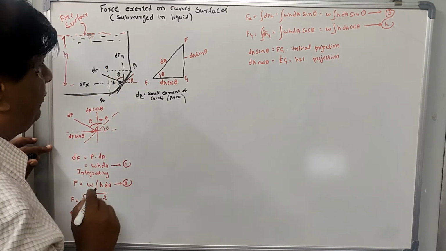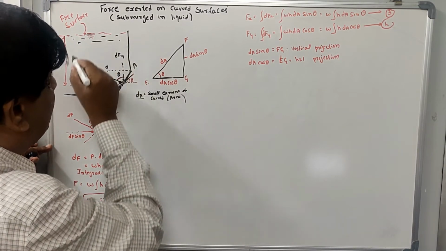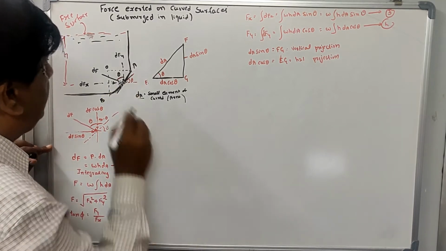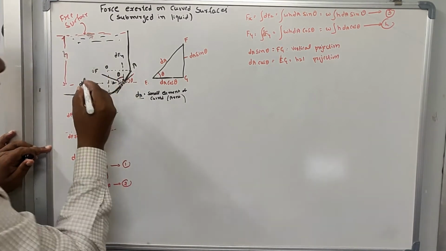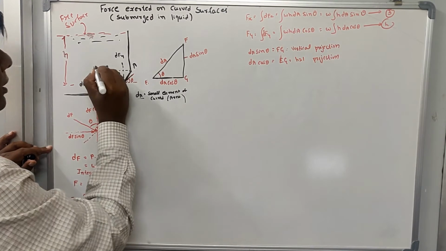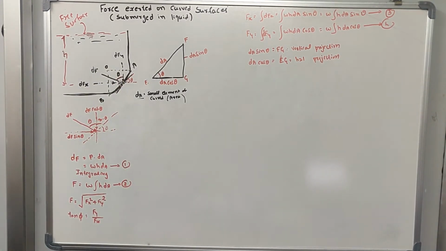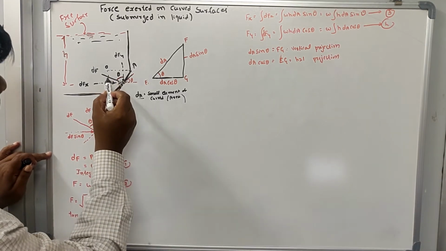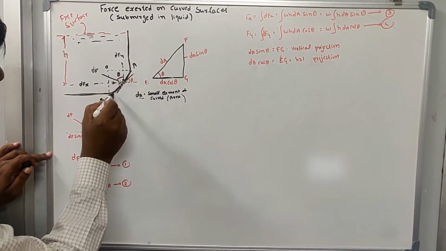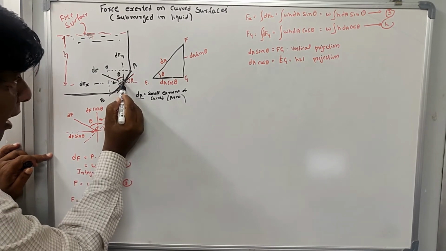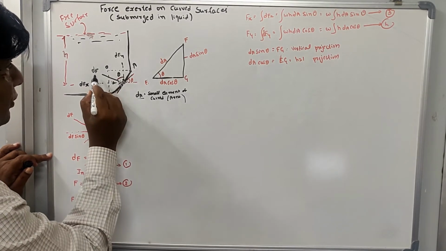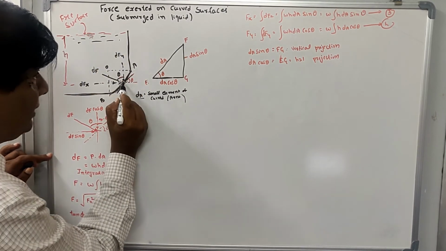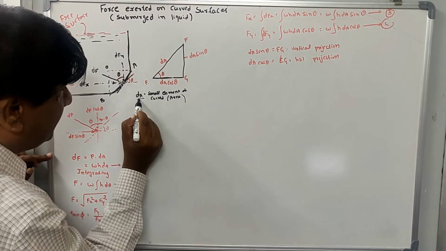This is the free surface, and the force exerted by this static mass of fluid on this element, let it be dF. dF is the force exerted by the static mass of fluid on this element whose area is dA.